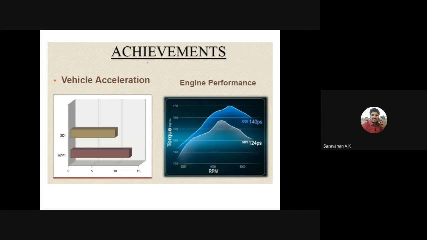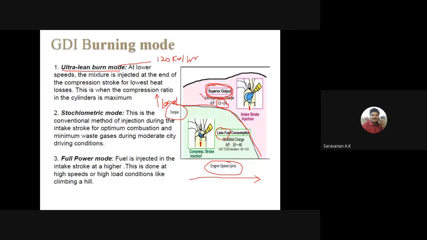Then you may see the comparison between the conventional, that is the older type of engines, and the GDI type of engines. The vehicle acceleration graph is the same one we saw for the superior burning mode, superior output, and lower fuel consumption.